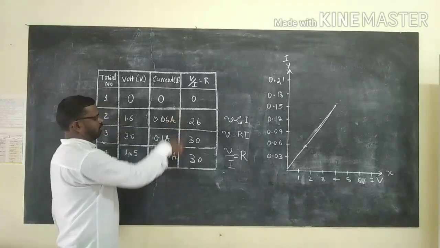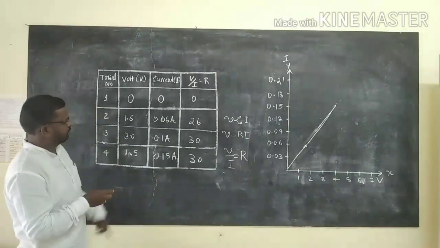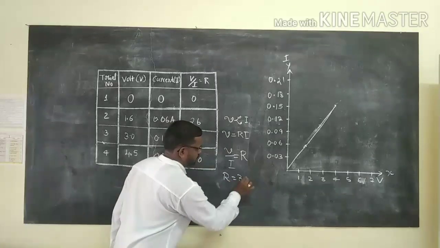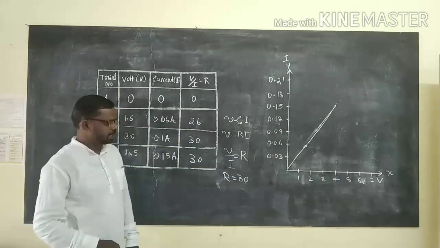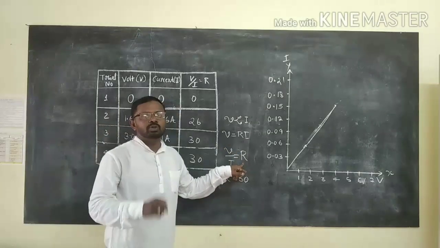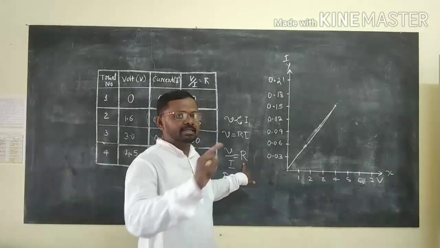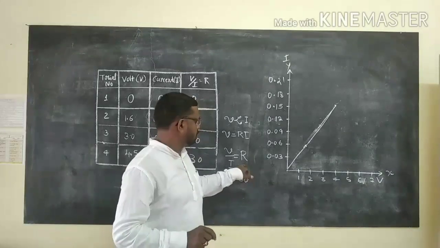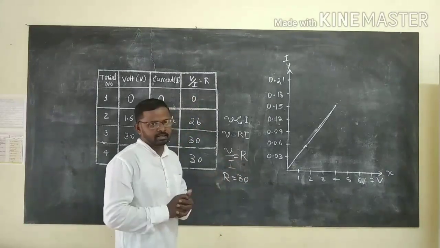So the average value of R in these trials is 30. The value of R is 30. That means the constant is 30. Ohm called this constant R resistance. Resistance is a property of the materials.